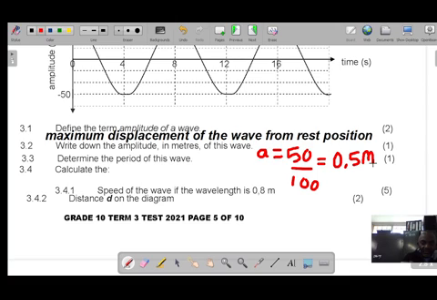Okay, then next they say determine the period of this wave. Now period is the time taken for the complete wavelength to pass a point, in seconds. So we're going to look at points in phase, and the time taken for those points to pass a point will be our period.